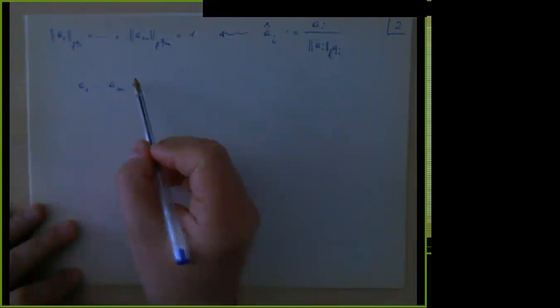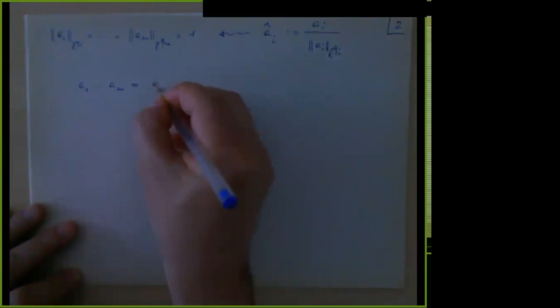Since we want these exponents Q1 up to QM to play a role, and we also want to take advantage of the relation among them, that the sum of 1 over Q_i is equal to 1, we make it appear in a form which is suitable to be used within the standard formulation of the AM-GM inequality.